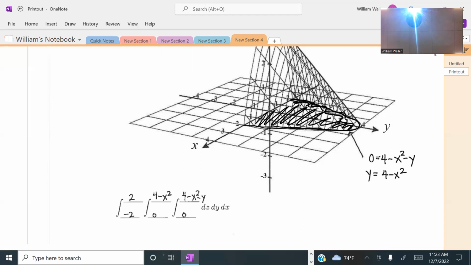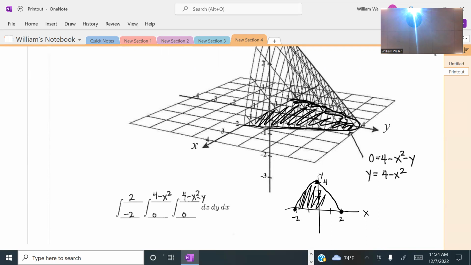See, if you draw a picture of that region of integration in the xy plane, that curve looks like this. That's a really bad picture of it, but this curve in the xy plane looks like this.